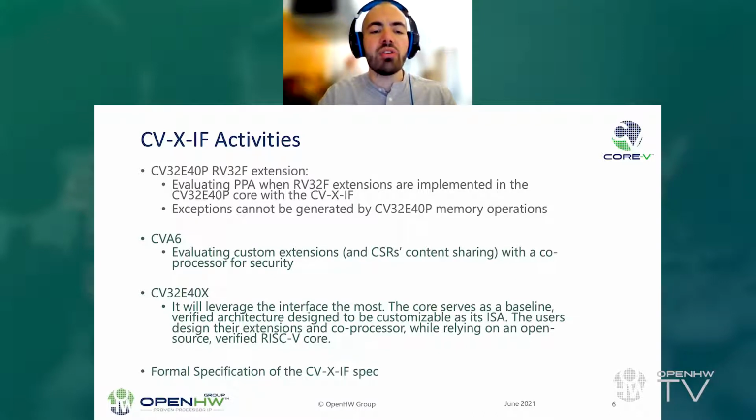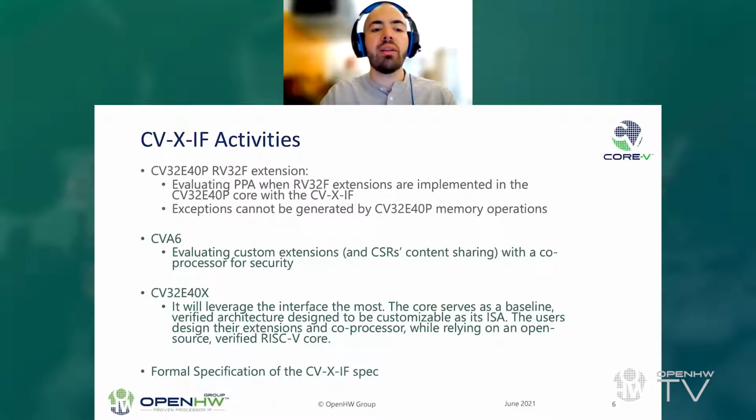Finally, we will leverage the interface on the CV32E40X core. X stands for CVX, indeed. So this core is really designed to be the host, the true first host of this interface, the driver actually of this interface, because this will be the first RISC-V core designed to be extended easily as its ISA.